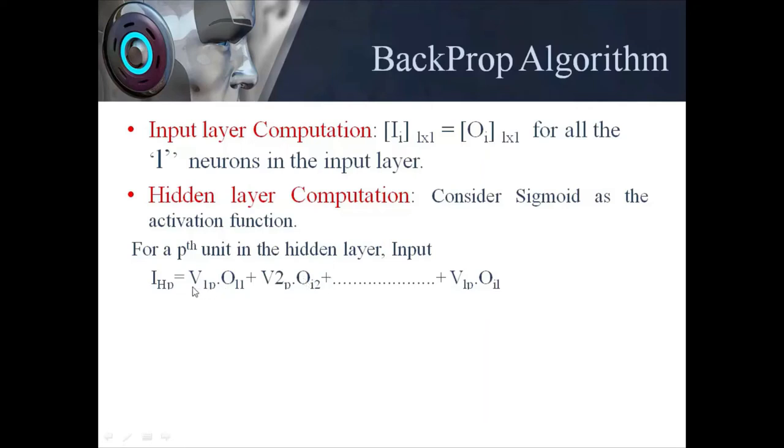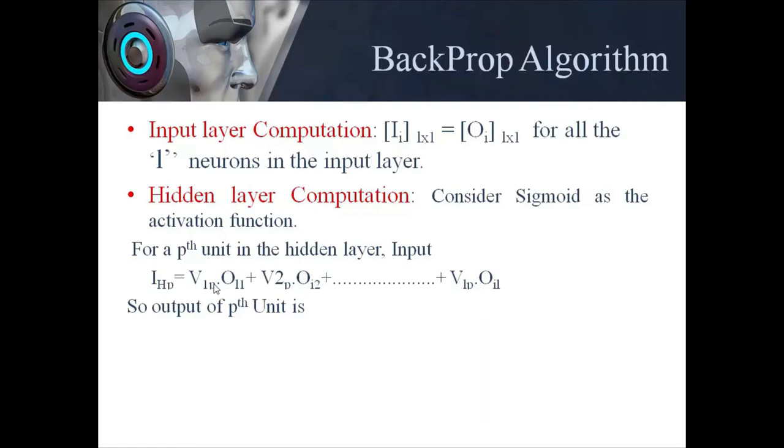So this gives me the summed input received at this pth unit in the hidden layer. So P indicates the unit which is there in the hidden layer and H indicates the hidden layer unit. Okay, so I get it by computing the weight of the interconnection which is coming from the first unit in the input layer and the input which is coming from that unit.